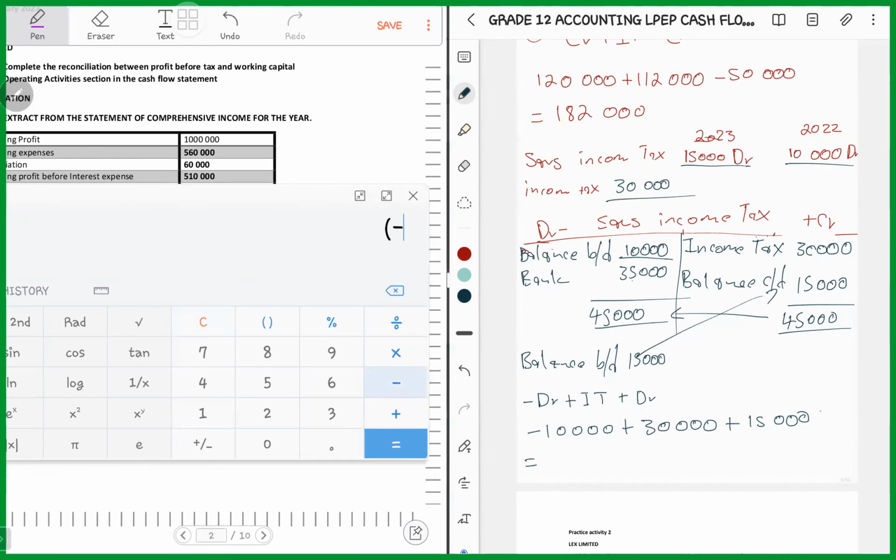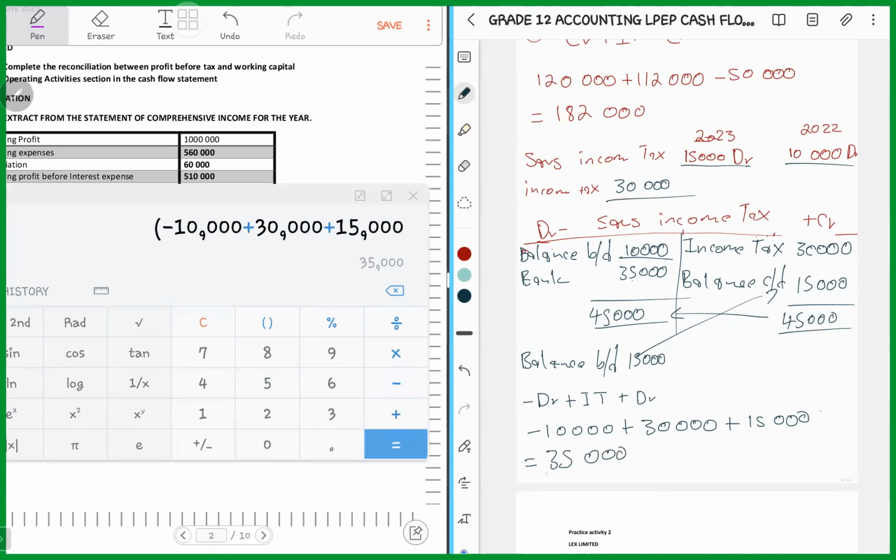So it will be negative 10,000, plus 30,000, plus 15,000. That gives us 35,000. So I showed you 4 ways in which it can come, and also the formulas that you can use in case you want to calculate it using the straight line approach.